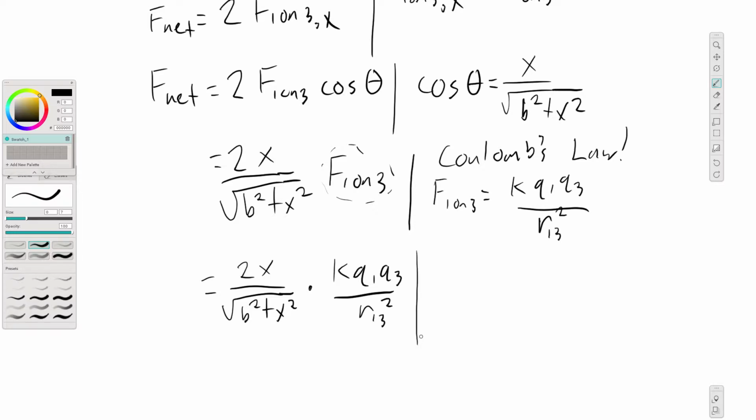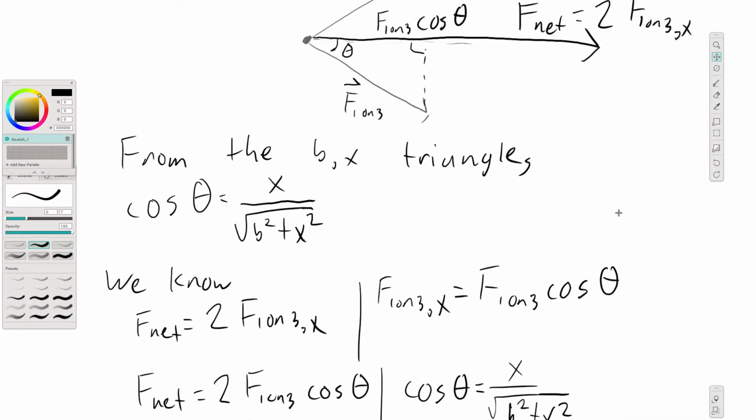Can we write down anything else about this? Is any term in here, k, Q1, Q3, r13, representable in terms of other things we know? Let's look at our picture again.